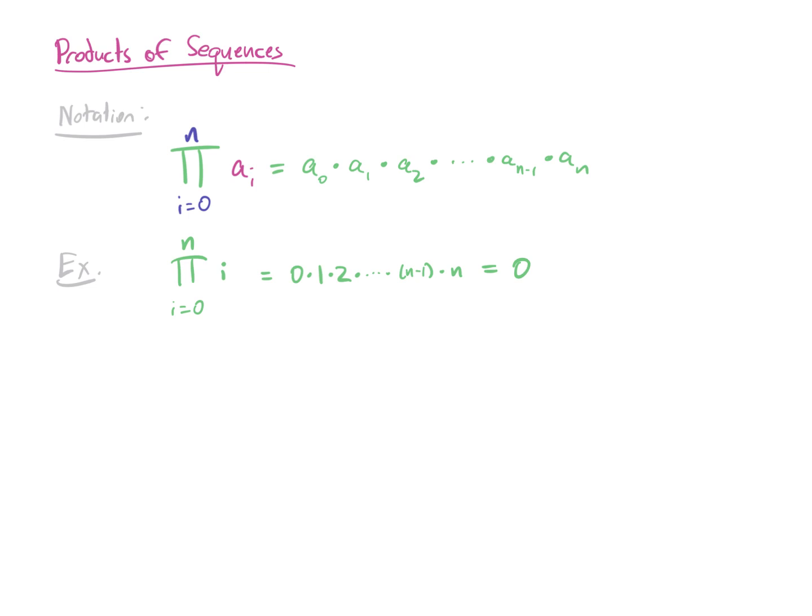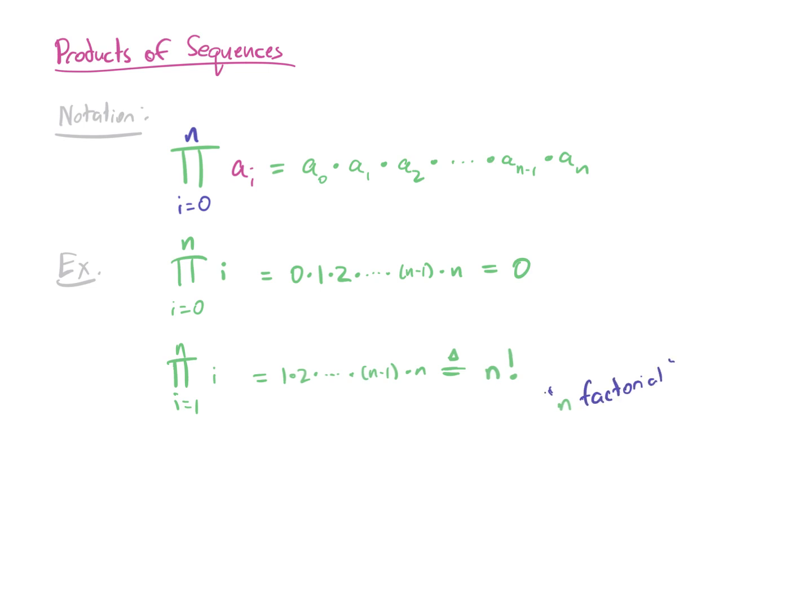On the other hand, if I just adjust my index a little bit, I equals 1 up to n, and consider the same task. This time I get 1 times 2 times a bunch of stuff all the way up to n minus 1 up to n. And this is a product, there's no formula for it really, but it's such an important product that it has a name. It's by definition written n exclamation point, and it is pronounced n factorial.